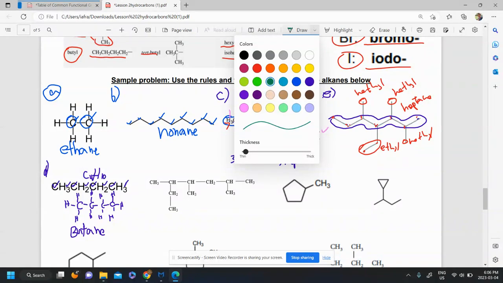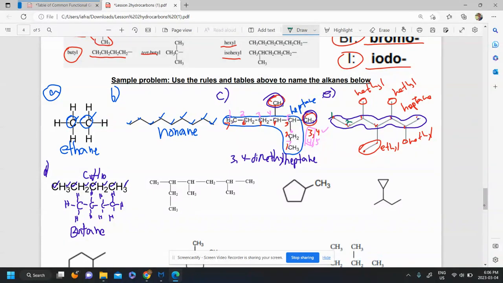I'm going to go in different directions just to see what our possibilities are. So we can go this way, 1, 2, 3, 4, 5, 6, 7. When we do that, our substituents end up being 3, 4, and 6.